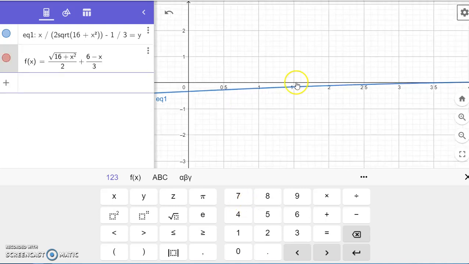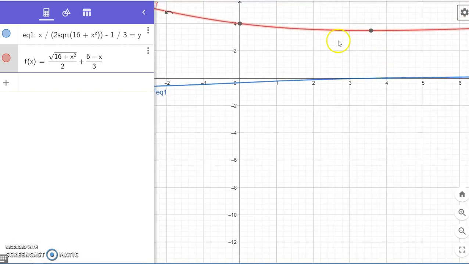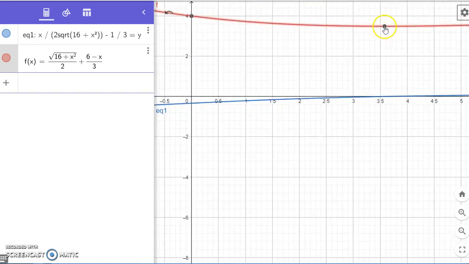All right, let's see where that is. There we go. And we can see right here that this minimum at 3.57, right where this crosses 0, is going to give me the lowest.